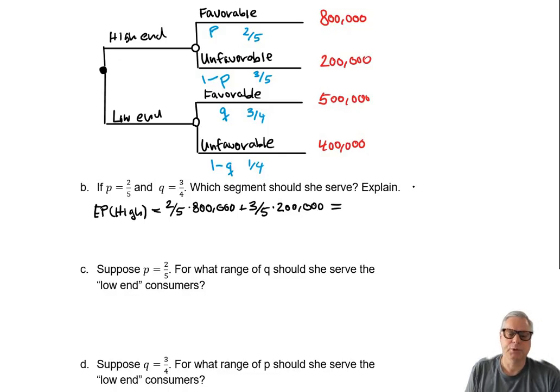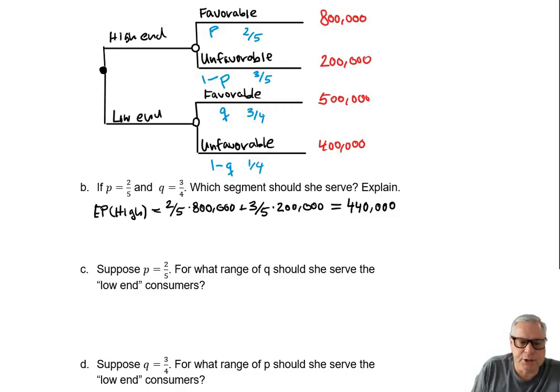So 800 divided by 5 is 160, 2 times 160 is 320, and then 200 divided by 5 is 40, times 3 is 120. So 320 plus 120 is 440, so 440,000.